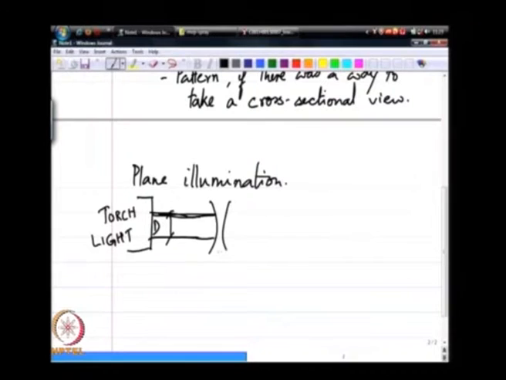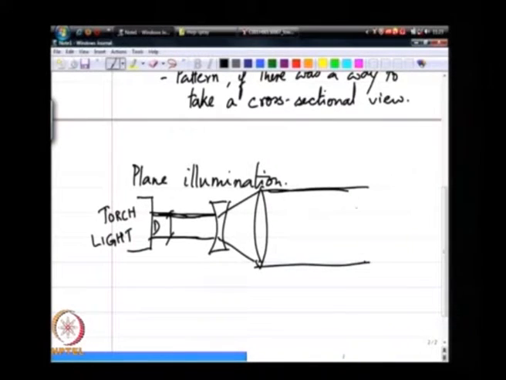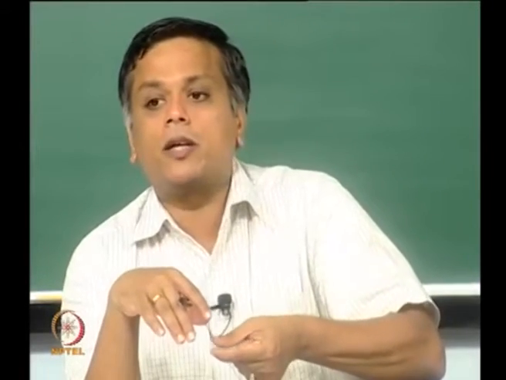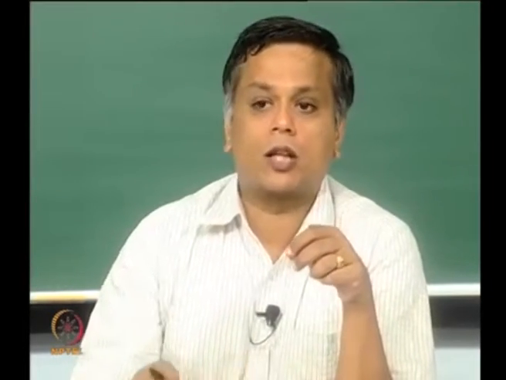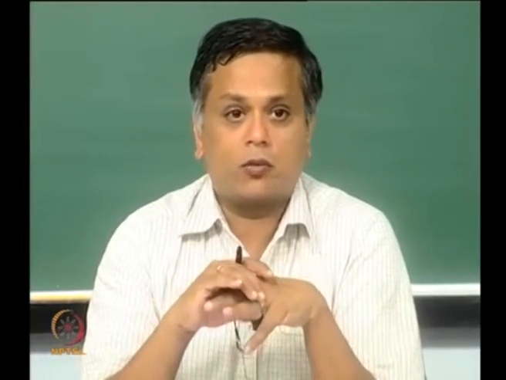And by a set of lenses create a height h, a light sheet of some height h, and the thickness would still be equal to the diameter of the beam. But if I start with a beam that is of a very small diameter, I can create essentially what looks like a rectangular sheet, a sheet of light that is of rectangular cross section.